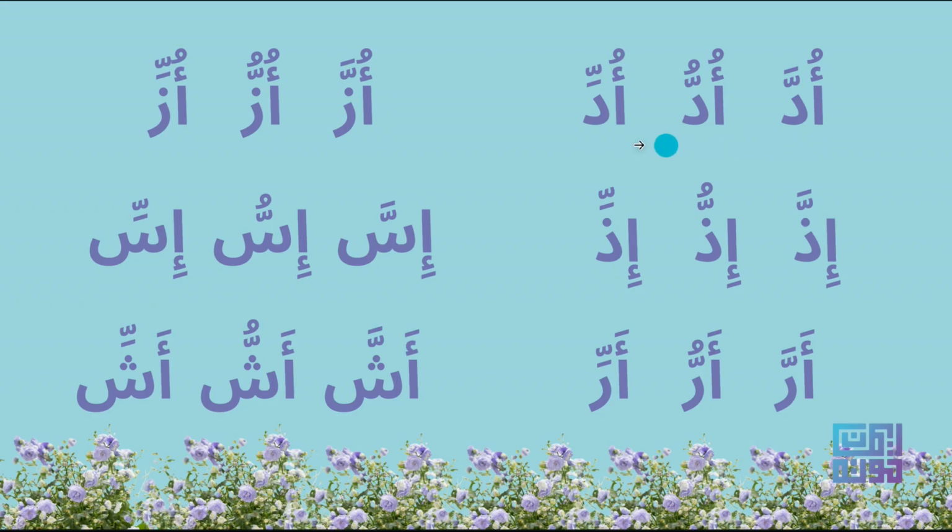All of them has hamza dhamma. So udda. Keep your tongue where the makhraj is. Keep your tongue where the exit of the dal is. Ud. This is the dal sukoon. Udda. Uddu. Uddi.